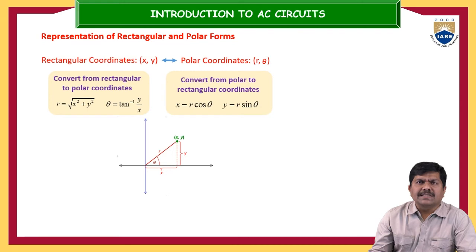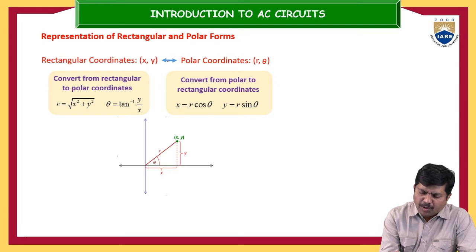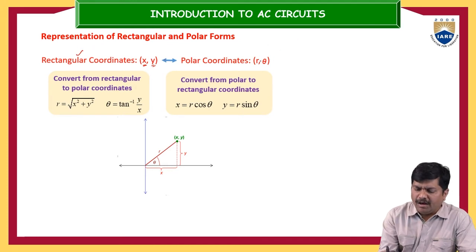Anyhow, we have discussed this representation of rectangular and polar forms. Rectangular coordinates can be converted into polar coordinates. Whenever you see x comma y, these are the rectangular representations, and r comma theta are the polar coordinates.